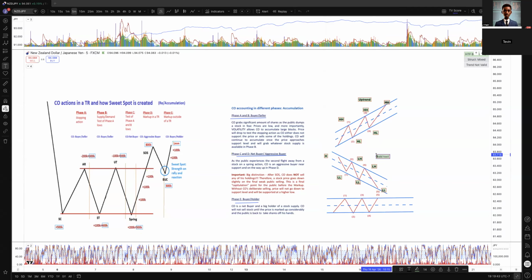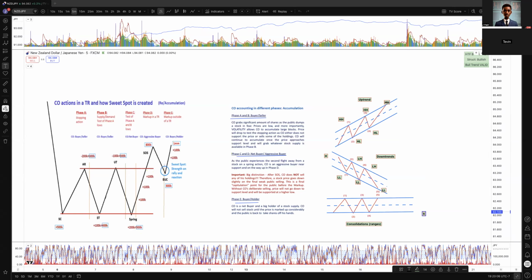Markets moving in uptrends, downtrends, and then consolidations or ranges, range bound markets, right? And when we talk about a price range, we're talking about specific prices, things that we can see tangibly.